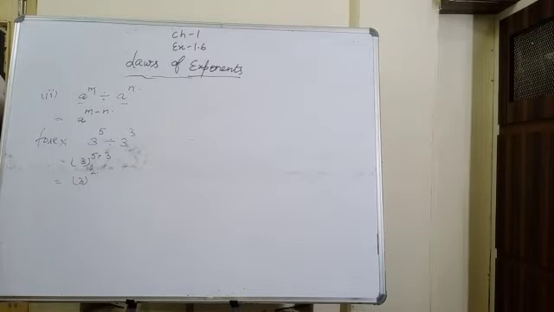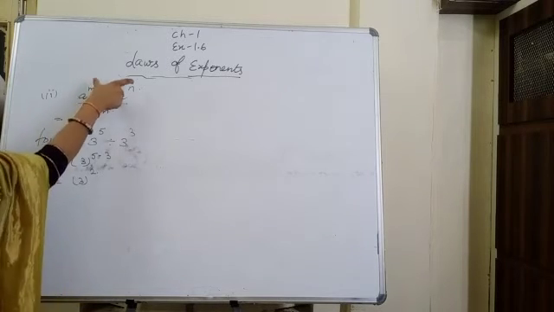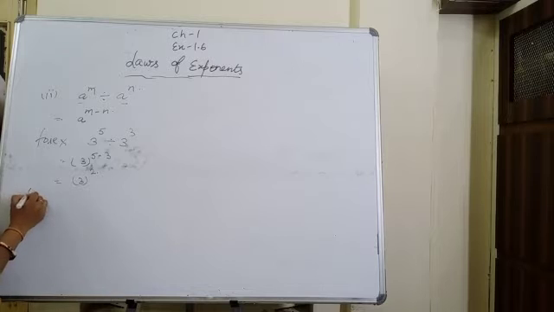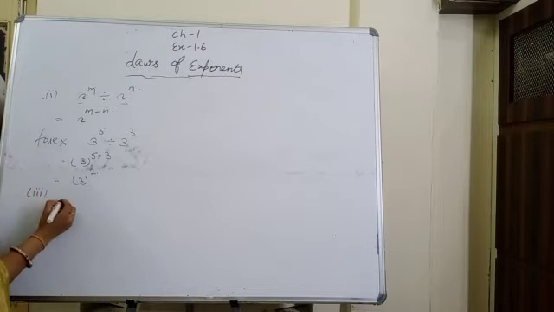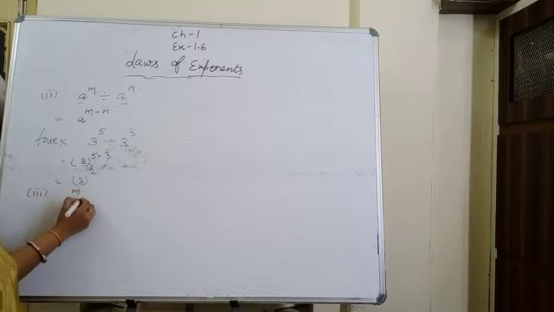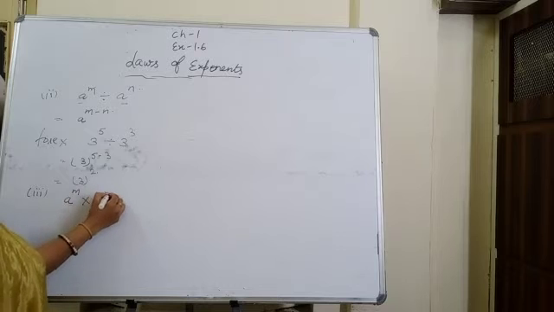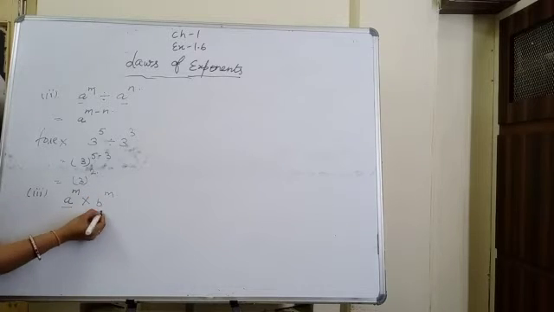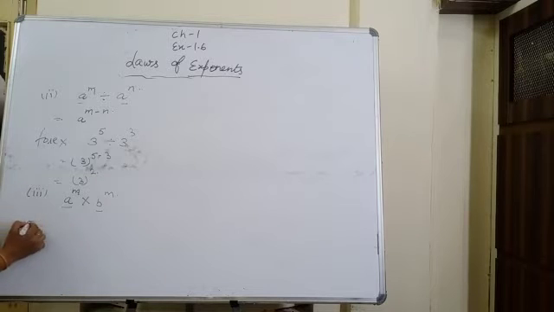Now third law is when we are having base different and same power. Third, a raised to power m multiply b raised to power m. When base is different and power is same, then what we will do? We will multiply both bases and keep the power as it is, ab raised to power m.